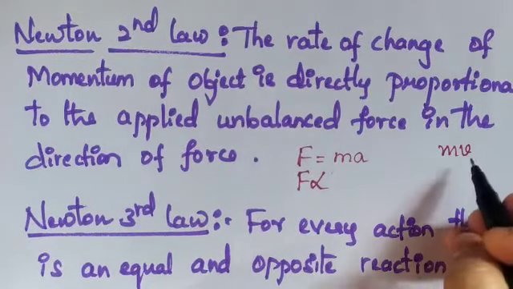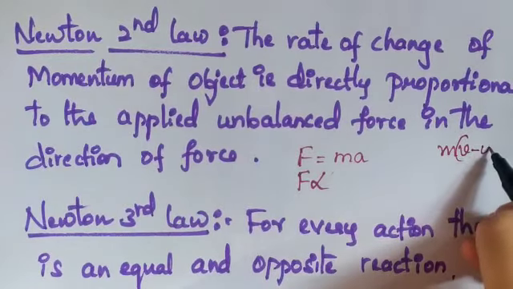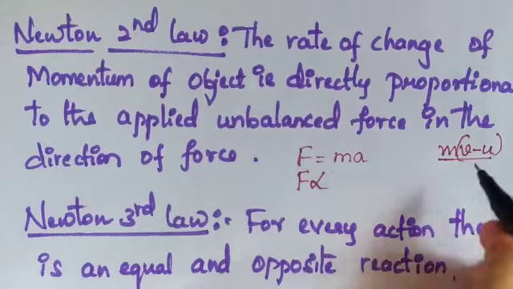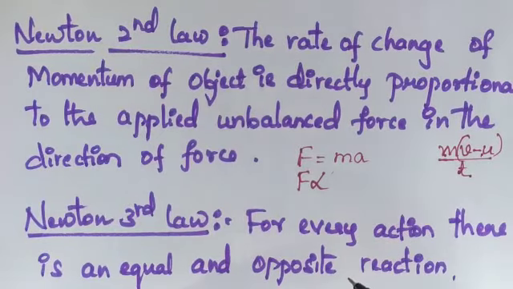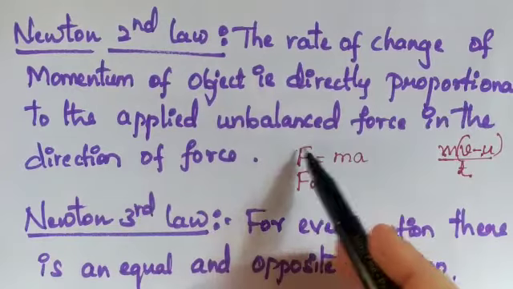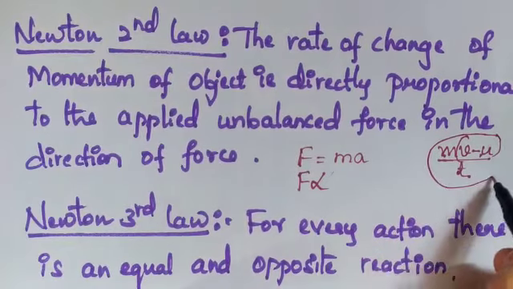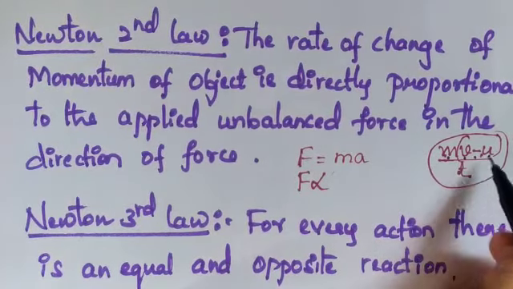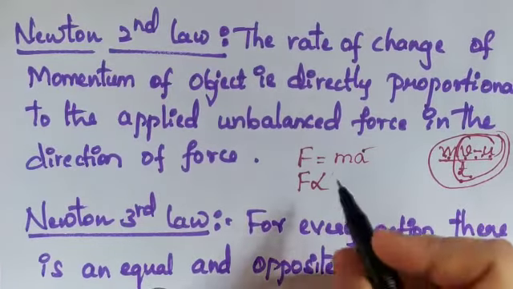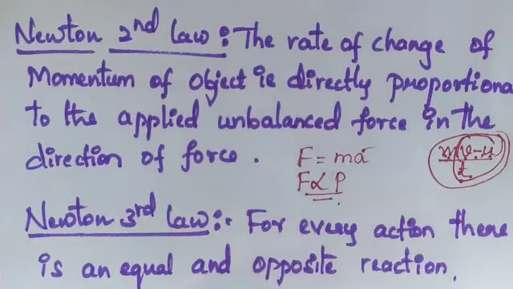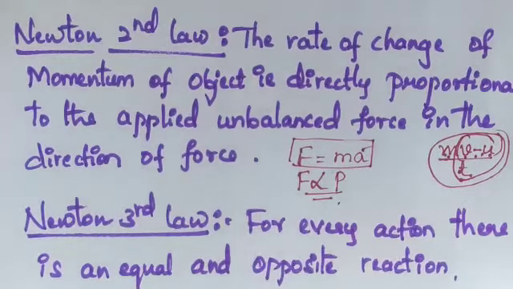Change of momentum is nothing but a change in momentum, and rate is nothing but divided by time, isn't it? So the rate of change of momentum is m times (v minus u) by t. What does this (v minus u) divided by t represent? It represents a. So in general I can write F equals ma. This is the formula for Newton's second law of motion.